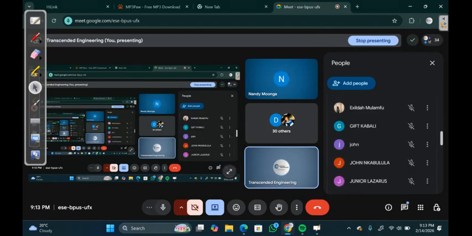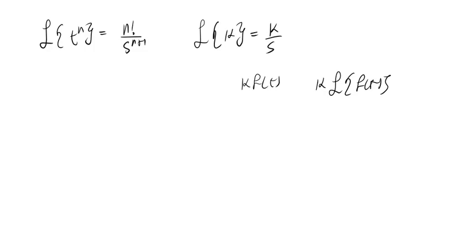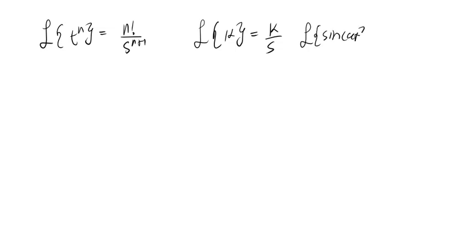The part where you only multiply is when you start looking at step functions. You'll be able to see that. Then another one that is perhaps common is the transform of sin at, which is equal to a divided by s squared plus a squared.